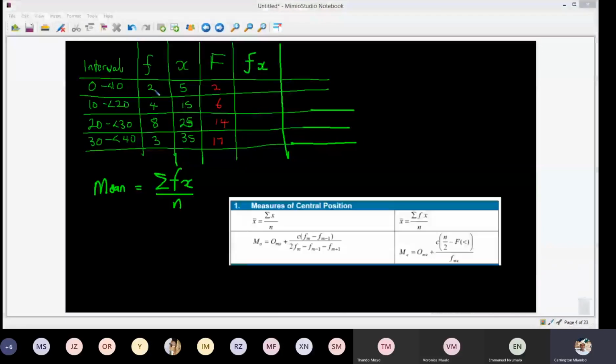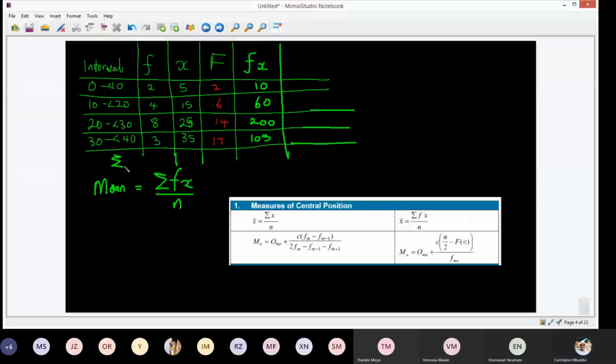So what is f? 2 times 5, what do we get? 10. 4 times 15, which is 60. Then 8 times 25, you get 200. Then 3 times 35, you get 105. Then summation means total, so put your summation block at the bottom.